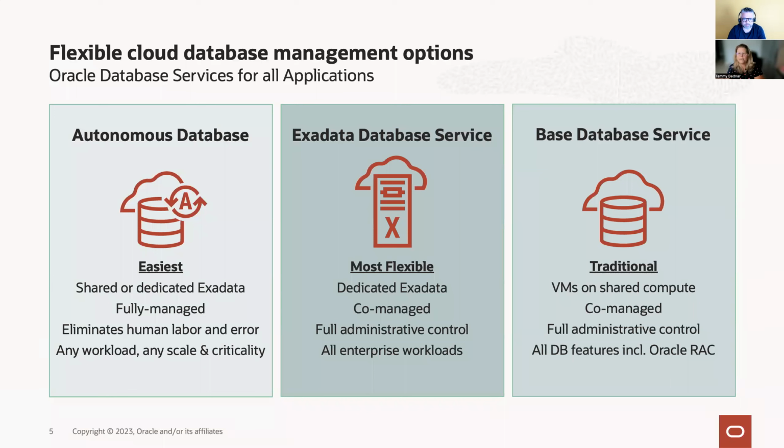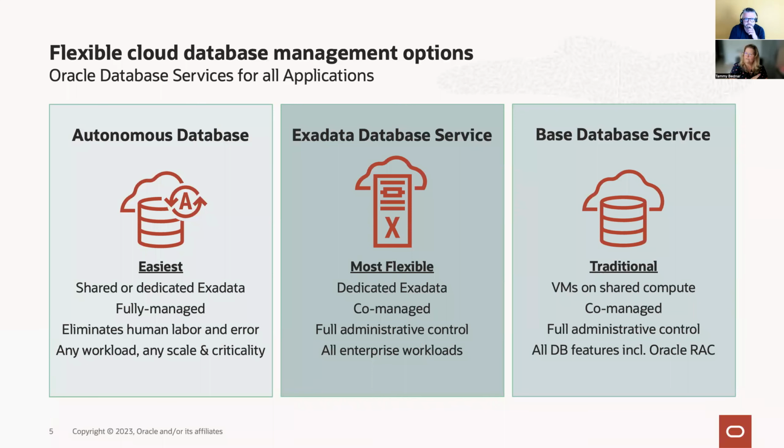And then finally, we have the base database service, which is more of a traditional capability to run your enterprise and standard edition databases. It runs on VMs, on compute shared on x86 platforms. It is a co-managed service, just like our Exadata service, where we make sure that the infrastructure is patched, and then we provide you the patches for you to patch your GI and your databases.